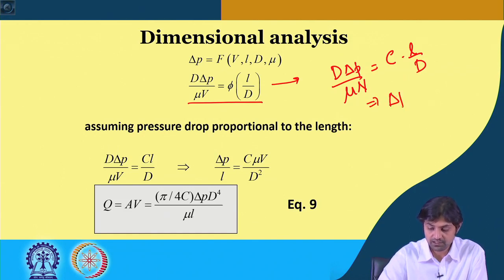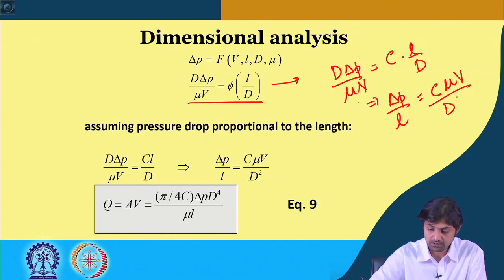Therefore we can write delta p by L, L we bring this side, other parameters we take that side, okay. It becomes C mu V by D square, or Q is equal to area into velocity. All right.